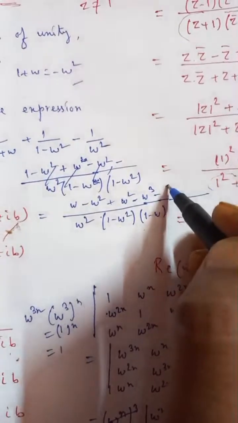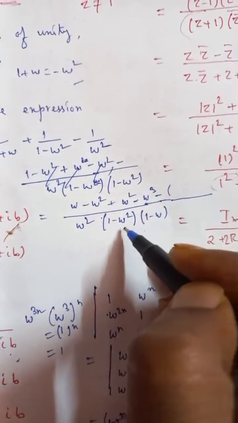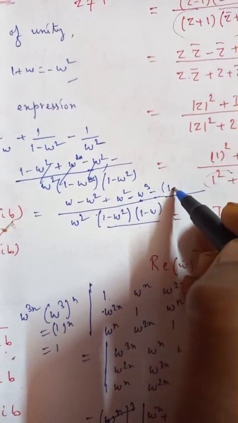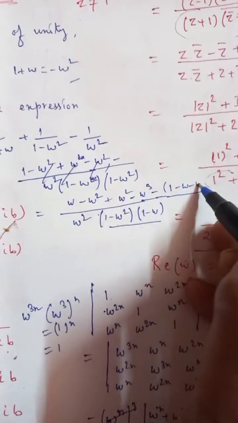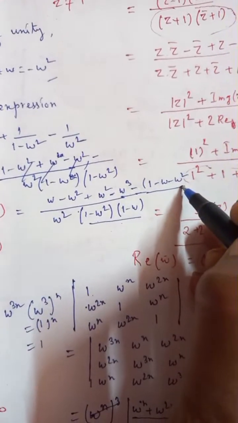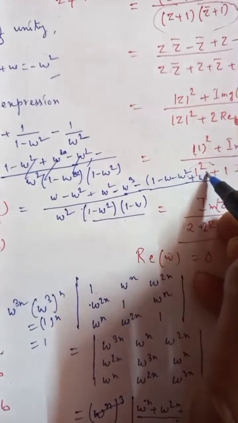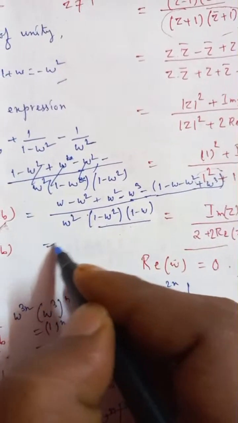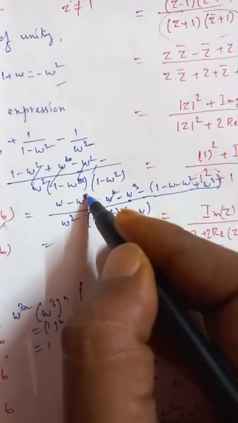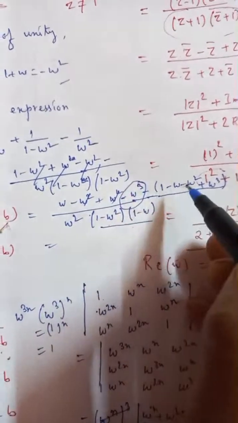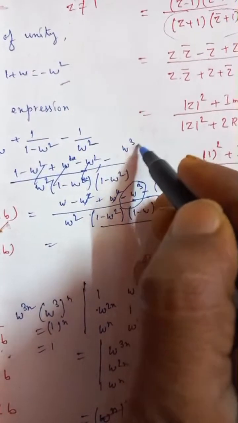Here we have to multiply both of these. This will be 1 minus omega square plus omega cube. So here omega square cancel each other. Omega cube will be 1; you know that omega cube is equal to 1.